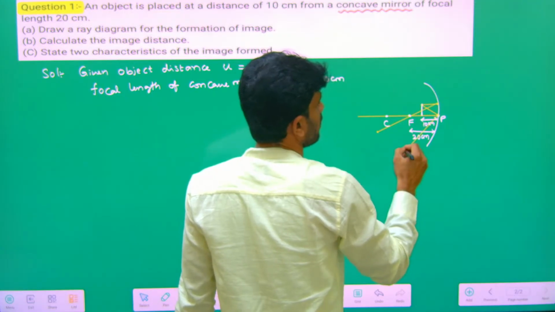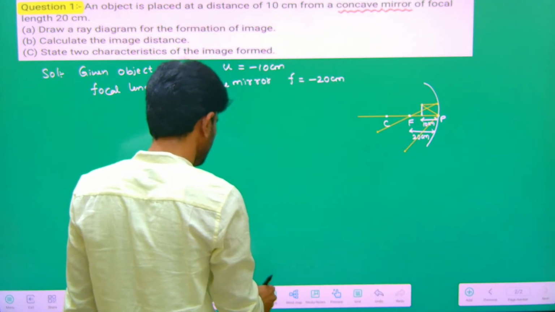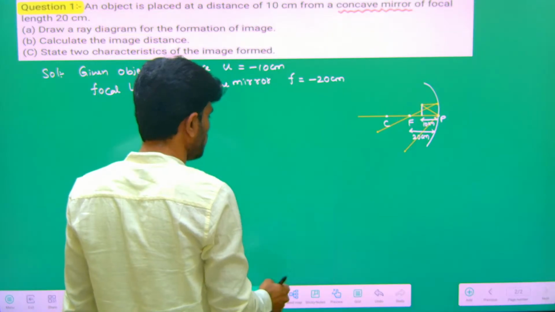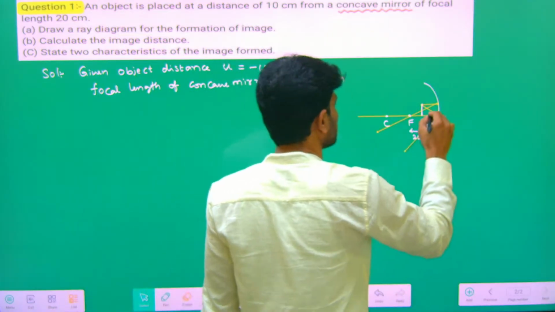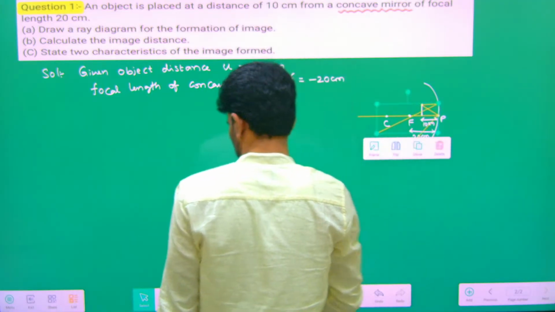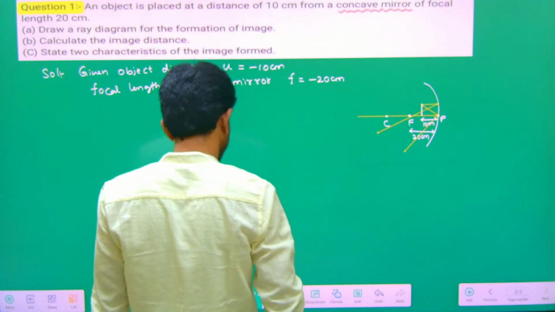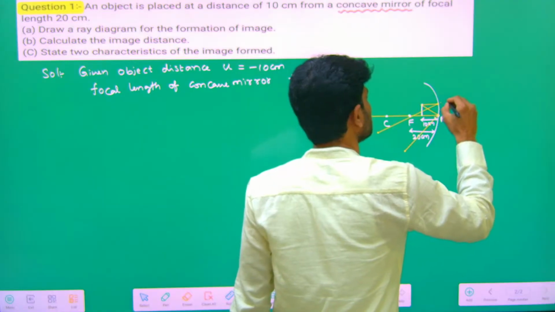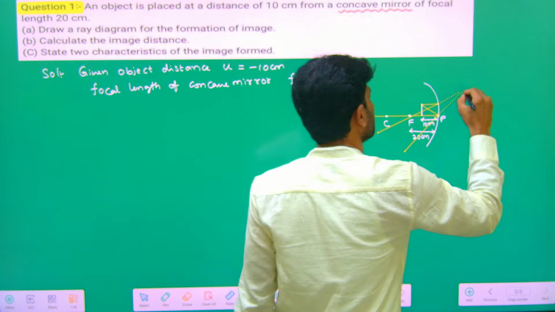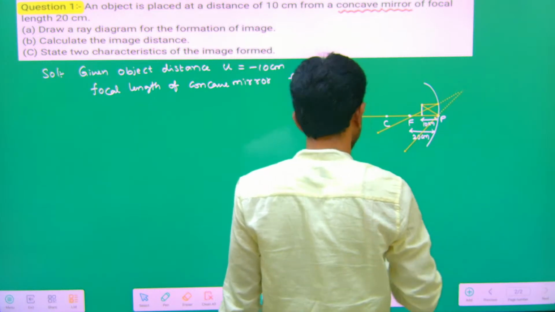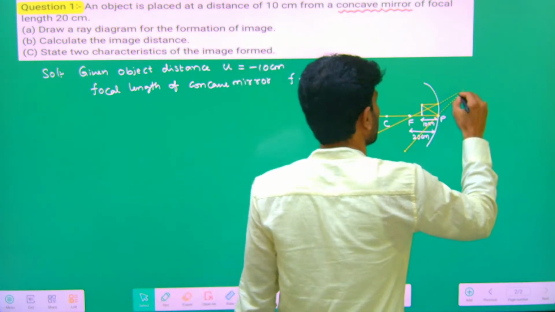Now we have to extend these two to the other side to know where they are exactly meeting. If you extend these like this, they will be meeting at one point here.